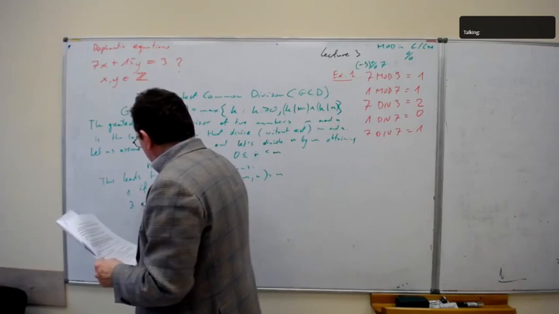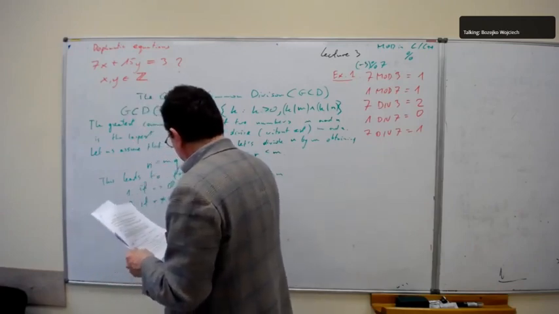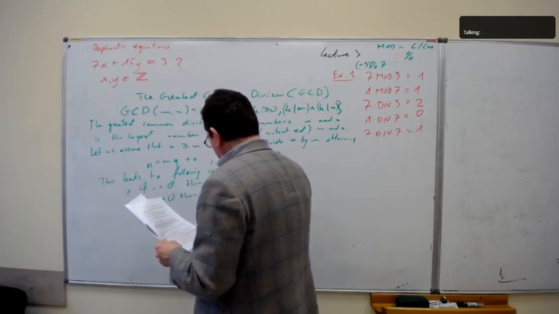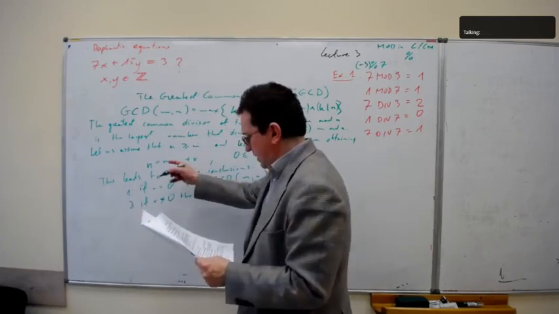If the rest is not 0, then we can write that r is n minus mq, like here.